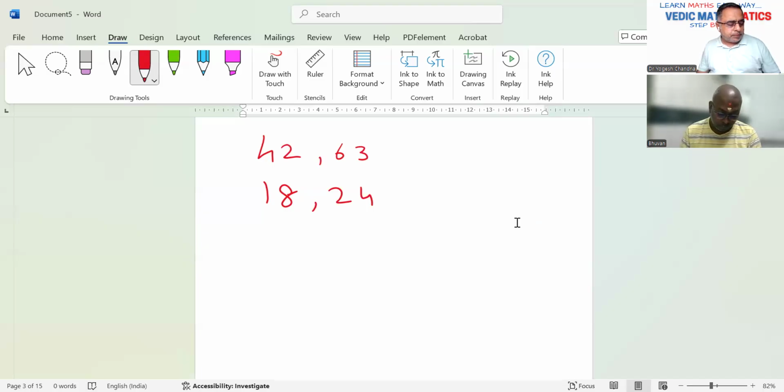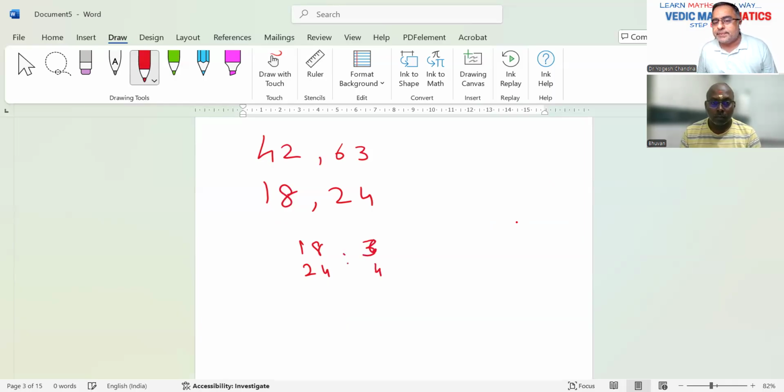HCF, I got 3, sir. How? So 18 by 24, 3 sixes are 18, 3 eights are 24. Then further I have to reduce. 6 threes are 18, 6 fours are 24. So 3 by 4.